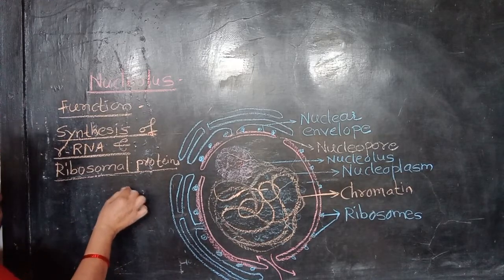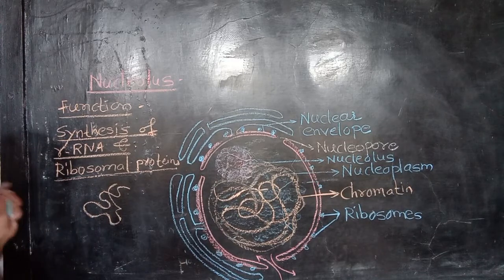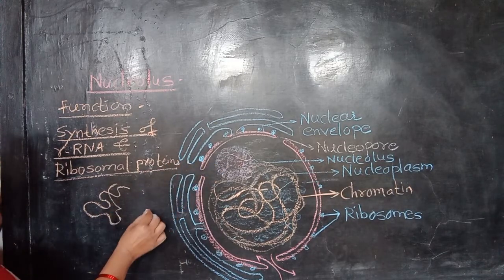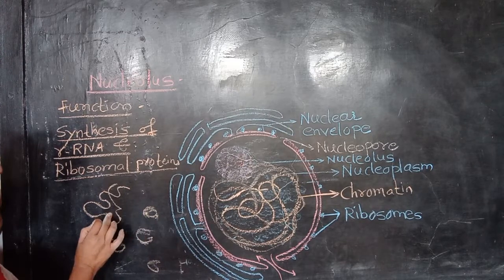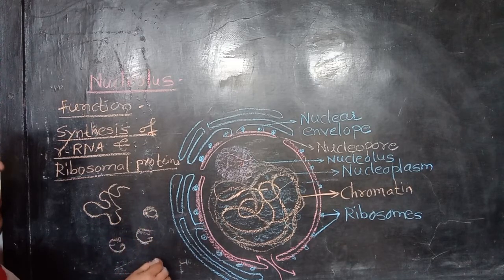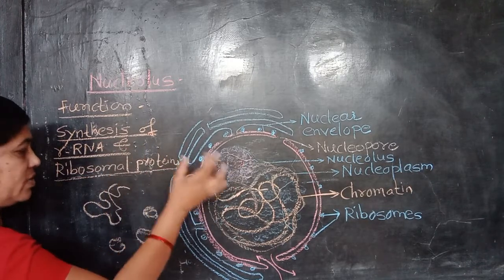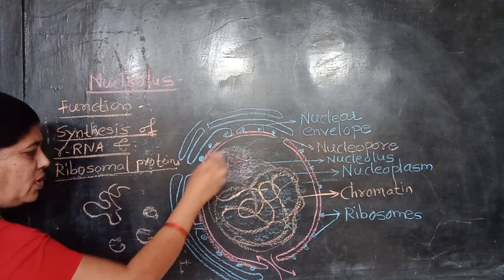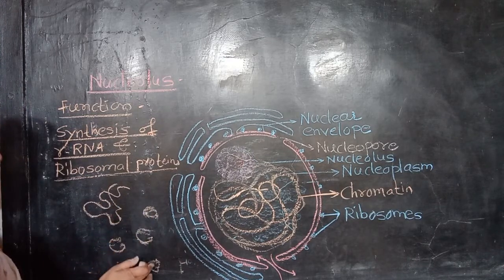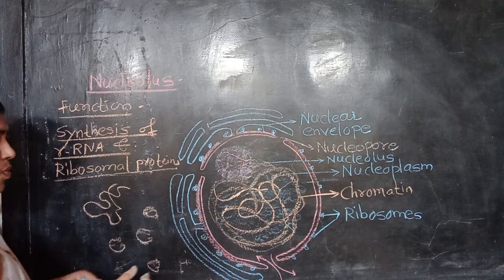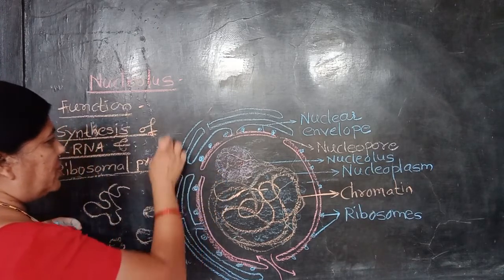If this is rRNA, it is synthesized by the nucleolus, and this is ribosomal protein. This rRNA and this ribosomal protein are synthesized inside the nucleoplasm by the nucleolus, and then they move from the nucleoplasm to the cytoplasm.